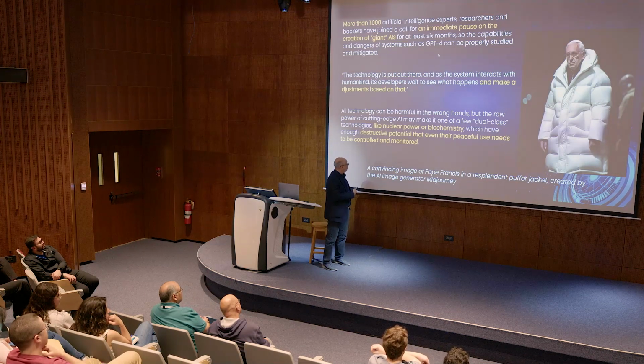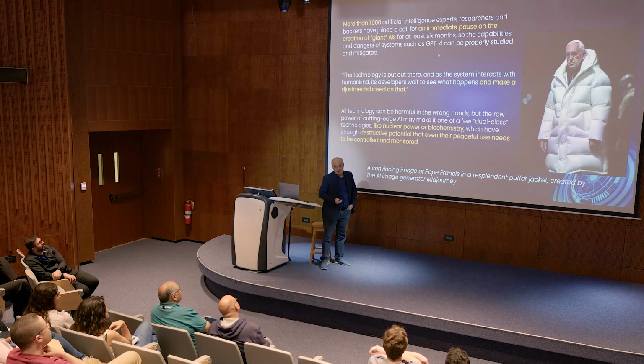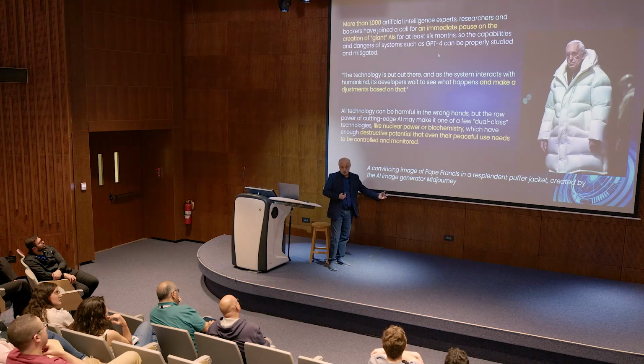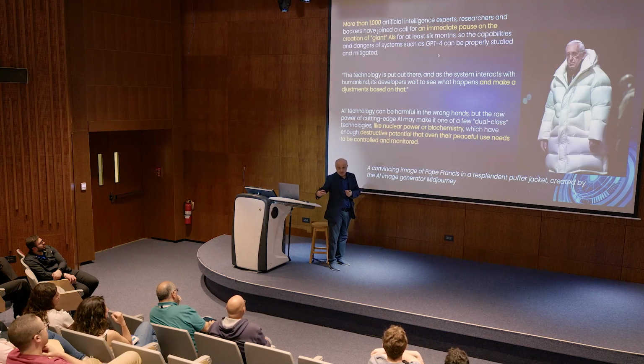For that particular reason, there are more than 1,000 specialists in the area of AI who are warning about the use of AI, asking for regulations to be put in order, or at least to stop immediately for a period of 6 months, because technology is advancing very fast. The regulators are usually very slow, so they want to stop this technology immediately to give time to the regulators, at least 6 months, in order to regulate this thing.